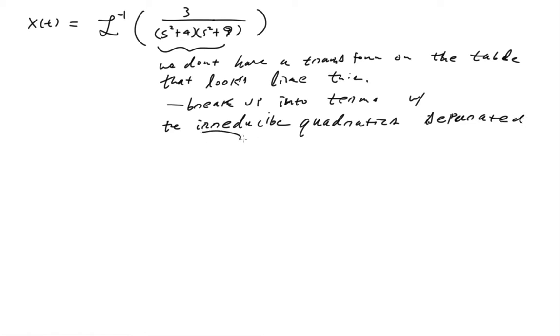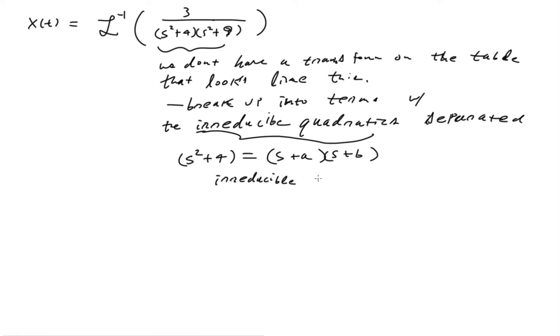So you're probably wondering, what does it mean to be an irreducible quadratic? And again, it's something like this: s squared plus 4. I want to factor that. I would like to reduce it to some binomial factors: (s plus a)(s plus b). If it's irreducible, it means they're not real, right?